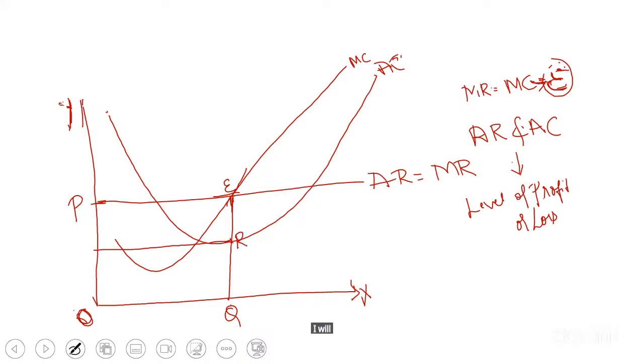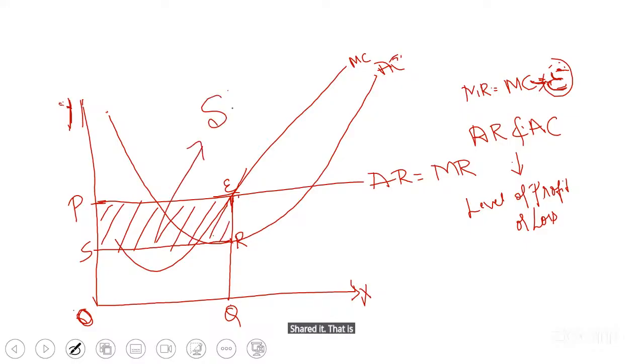I will name it R and S. Did you complete till here? Now you get a rectangle box, right? Shade it. That is supernormal profit or abnormal profit.